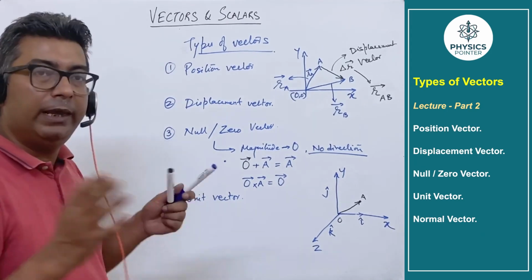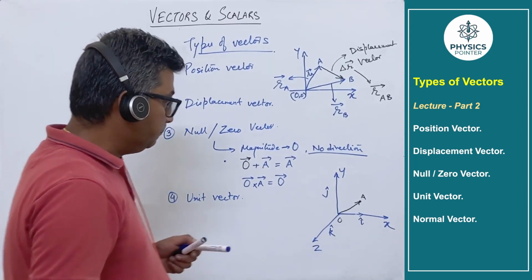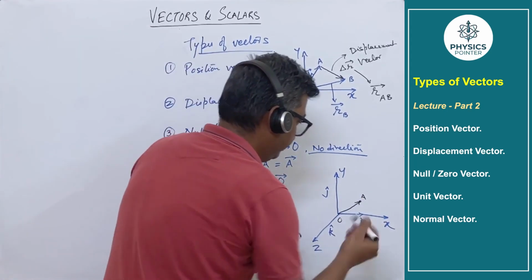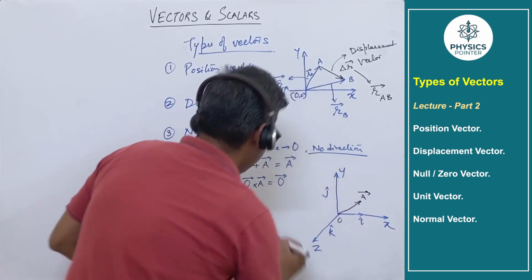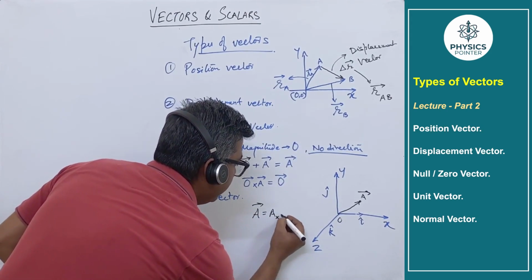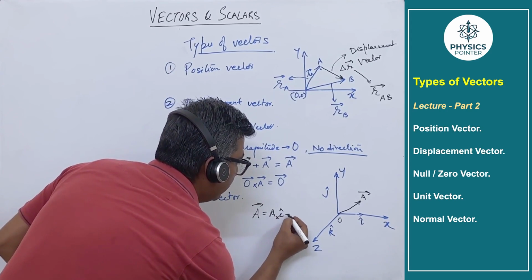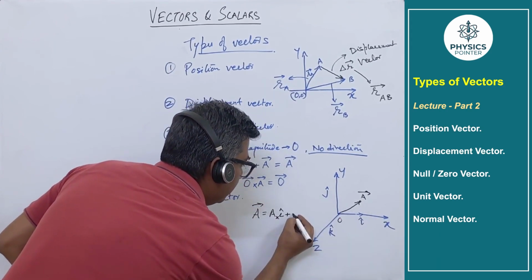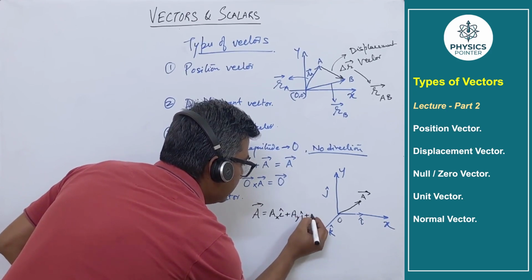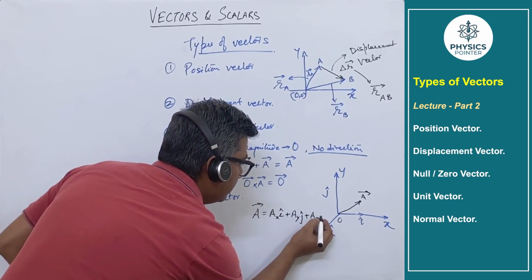With this it will make much more sense. So the A vector can be represented as some magnitude times a unit vector in x direction, some magnitude in y, and some magnitude in z direction.